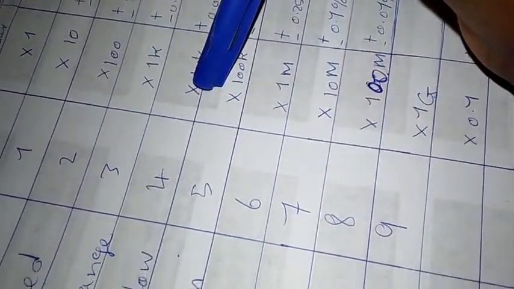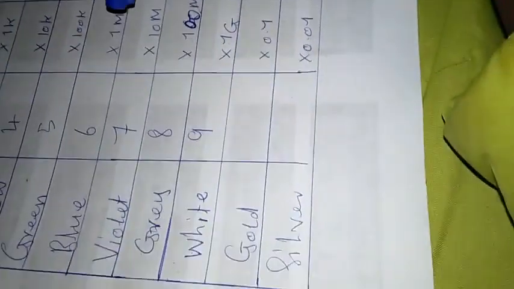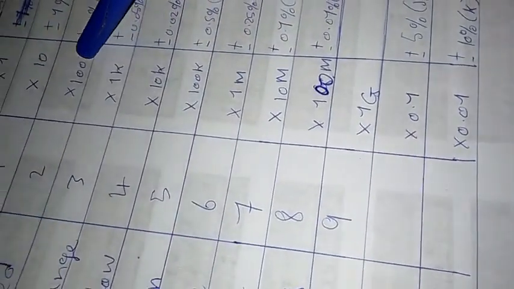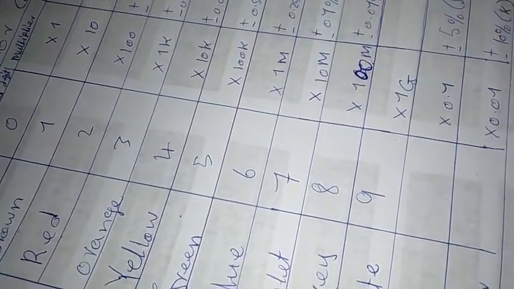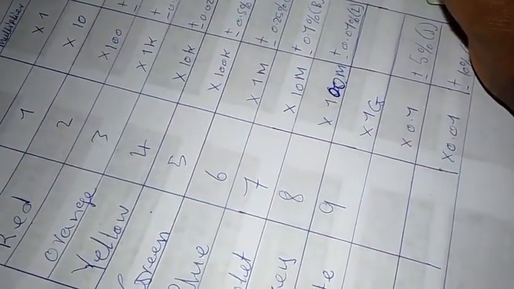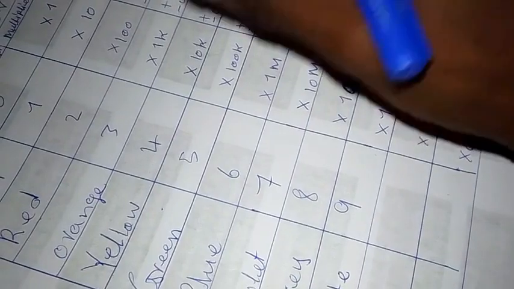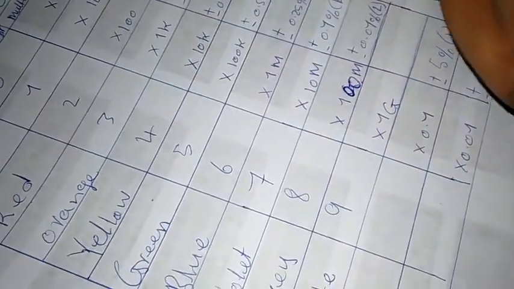I know we'll be talking about other types later on. Here we have the multiplier, and here we have the tolerance. In a few seconds I will be projecting the full list on the screen so that you can see for yourself.